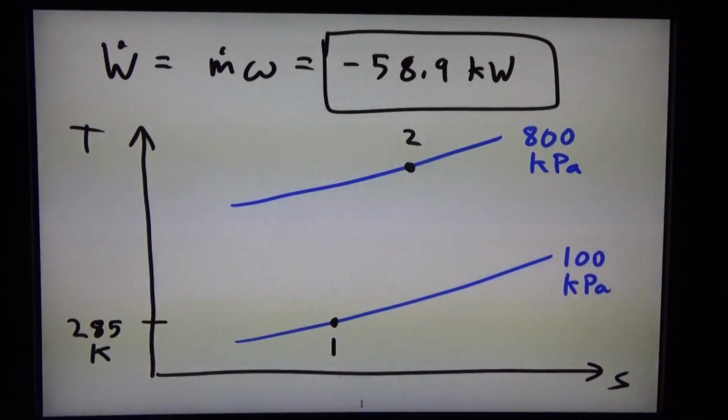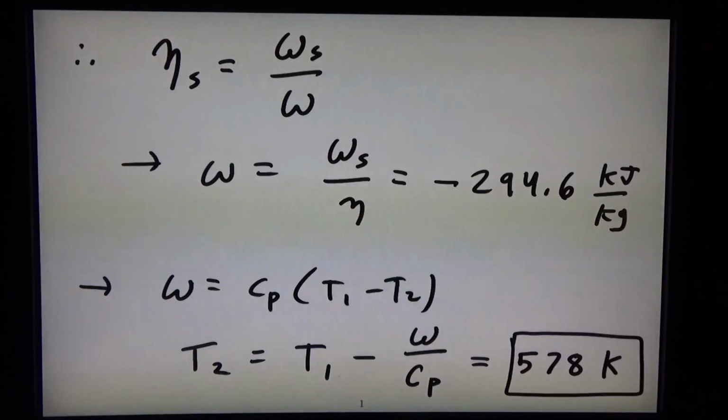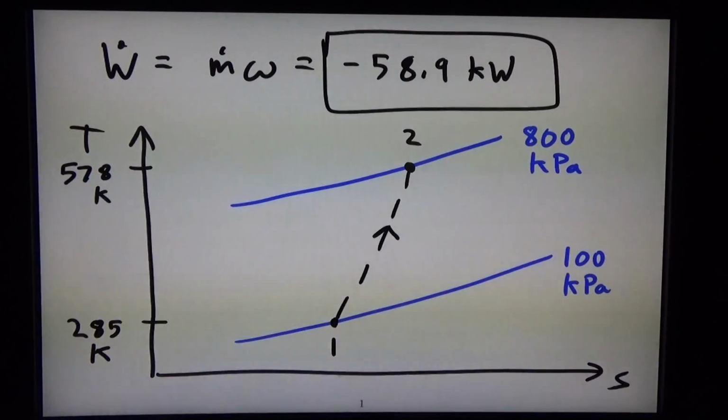Somewhere over here. We know T2 here is 578, I think. That's what we found there. Yeah, 578. For the isentropic process, it would have looked like from 1 we go straight up to state 2s. State 2s had the lower temperature, which was 516.